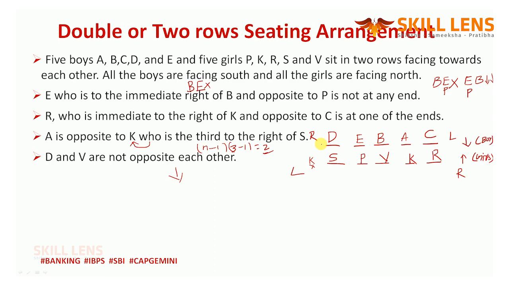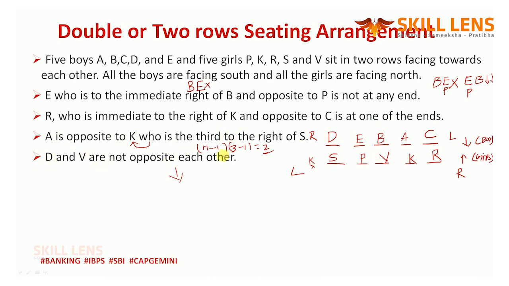E, who is the immediate right of B. Yes. And opposite to P. Correct. R, who is the immediate right of K, and opposite to C at one end. Correct. A is opposite to K, who is third to the right of S. Correct.